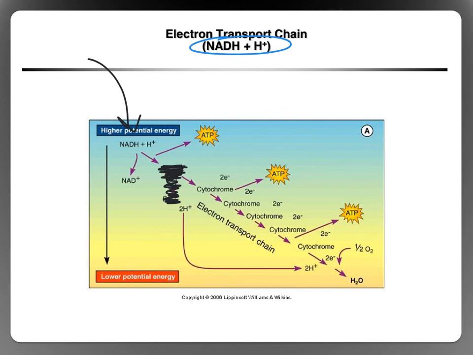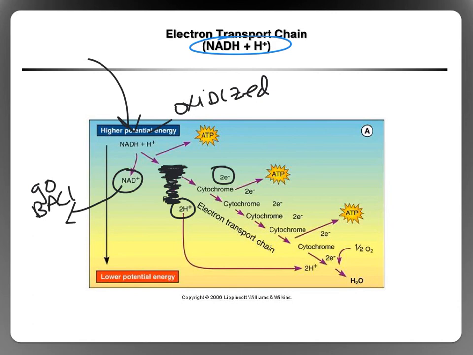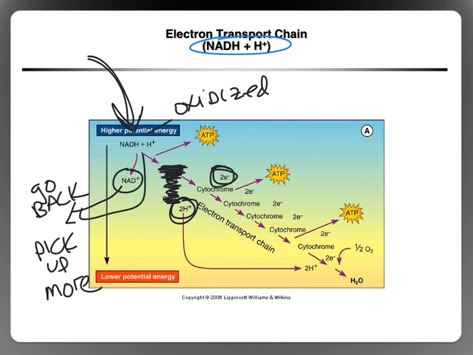And it drops off its electrons and hydrogens. It loses them, so it gets oxidized. What you're left with is NAD. That NAD can go back to glycolysis, the intermediate step, Krebs cycle, or beta oxidation and pick up more. So it's just a transporter. It carries them over, drops them off, goes back to get more.